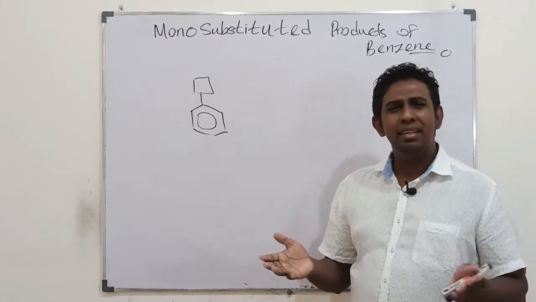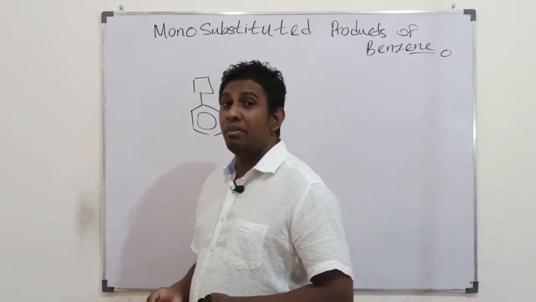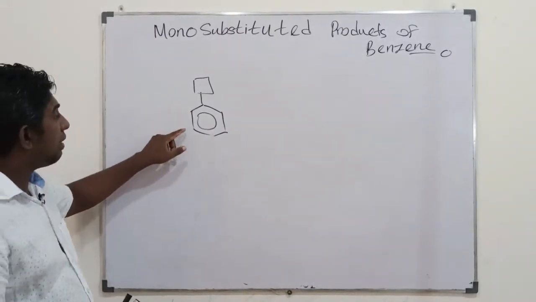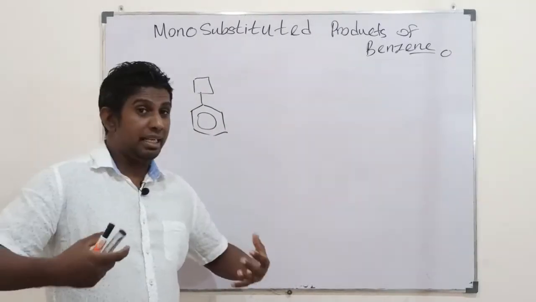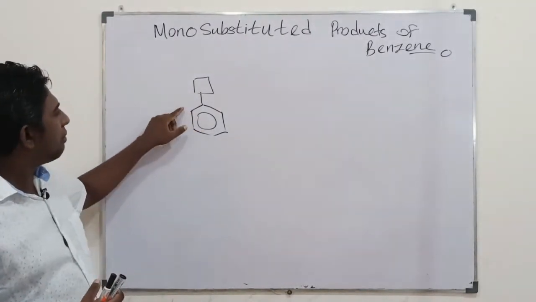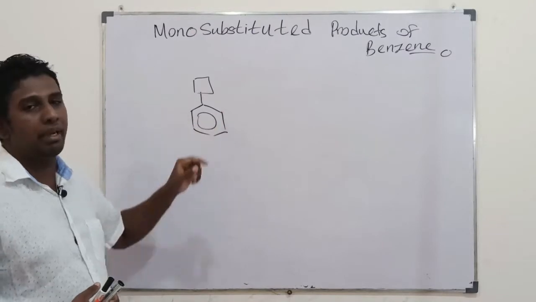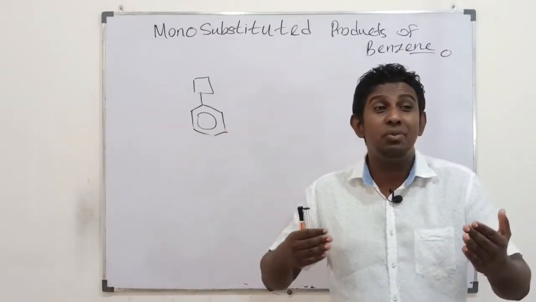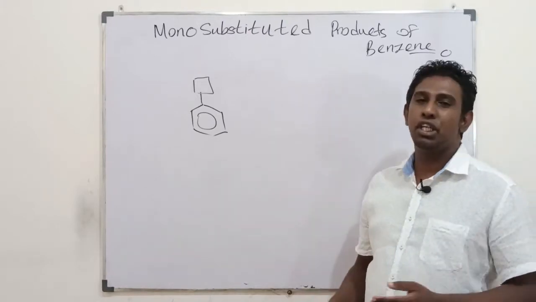Okay. Then further, when the electrophile is coming, seeing some electron density on the benzene ring, it would get attracted. Seeing some extra negative charge somewhere, the incoming electrophile would get attracted towards that position more.